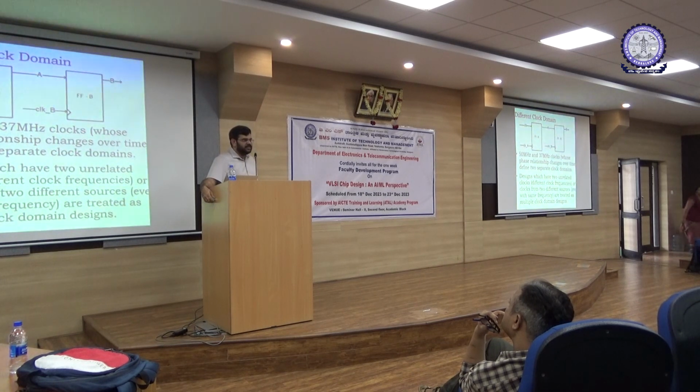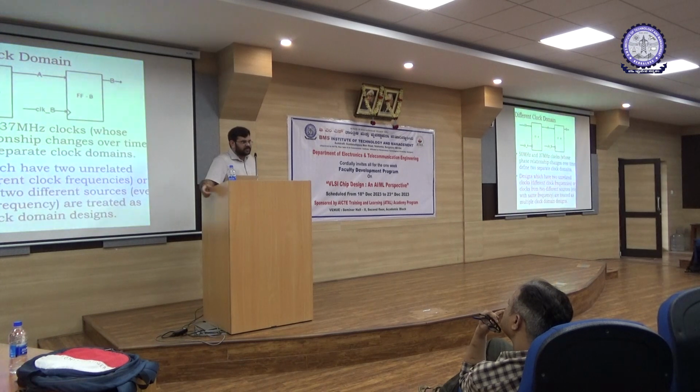Now, from clock A to clock B domain, there can be a data transfer, which is straightforward, 50 megahertz to 50 megahertz. But from clock A and B to clock C domain, that is something tricky, because 50 megahertz to 75 megahertz is not the same frequency. So the phases will not match, and the setup and hold time calculation will not be that straightforward. This is where the CDC concept itself comes into the picture.